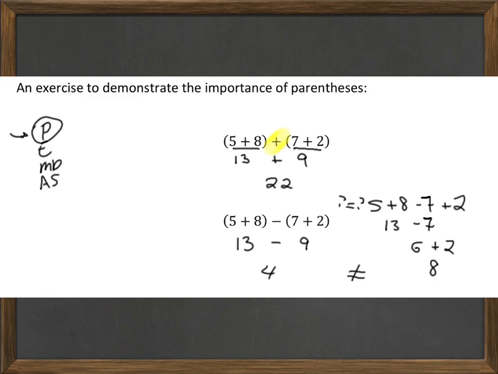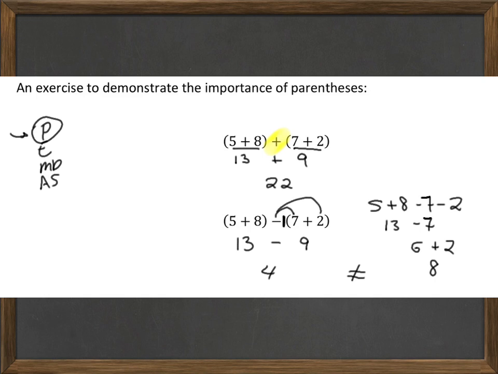This demonstrates why parentheses are so important. Because what we're really doing is we're not really just subtracting 7, we're actually subtracting the 2. And what you're going to learn when we get into polynomials is that we can actually put a 1 here and we can distribute this negative sign.